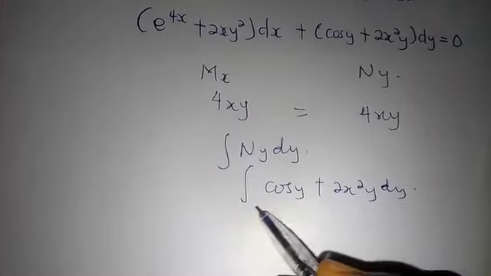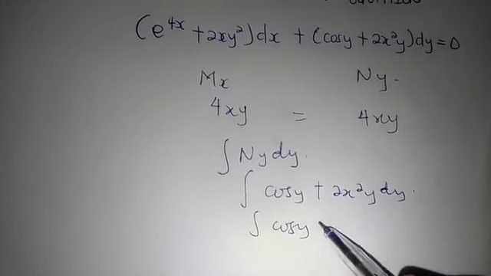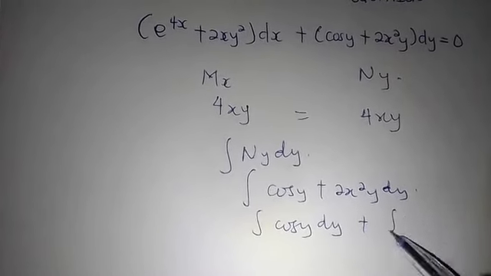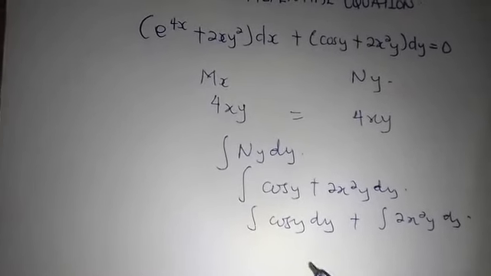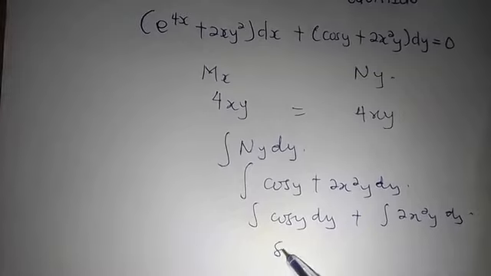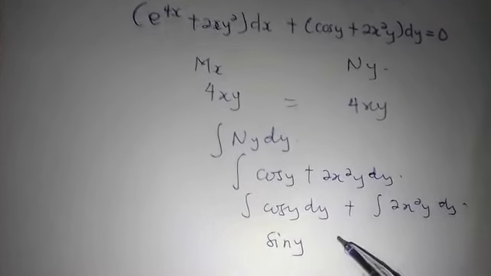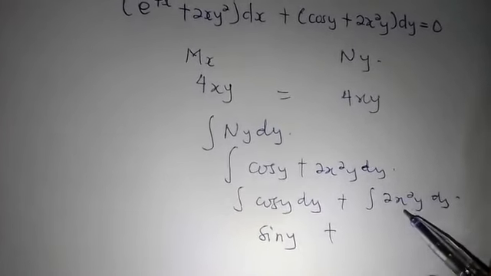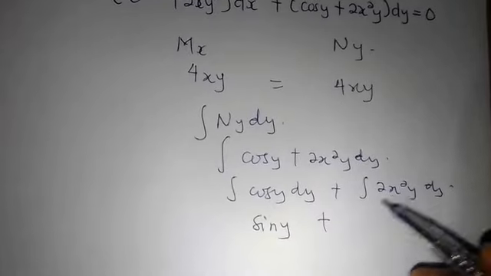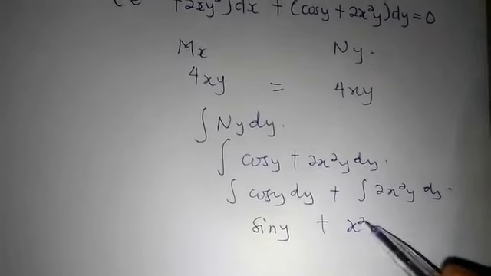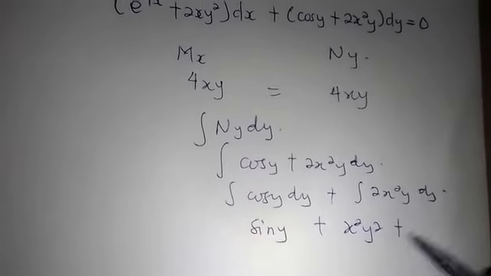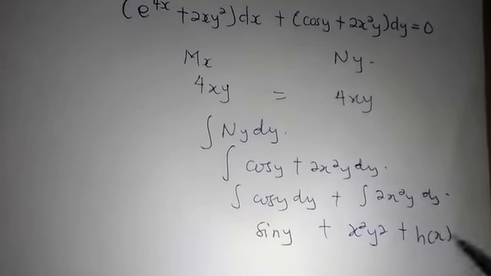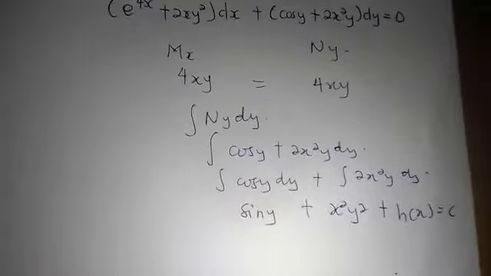This is the same as the integral of cos y dy plus the integral of 2x^2 y dy. The integral of cos y gives me sin y. With respect to y, x^2 is a constant, so I get x^2 y^2 because the 2 will cancel out, then plus h of x is equal to c as my solution.